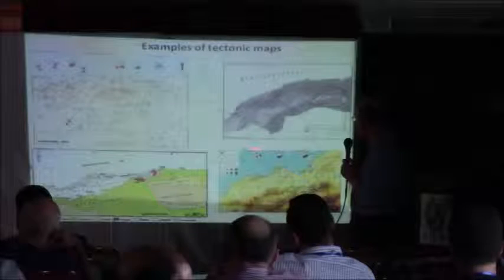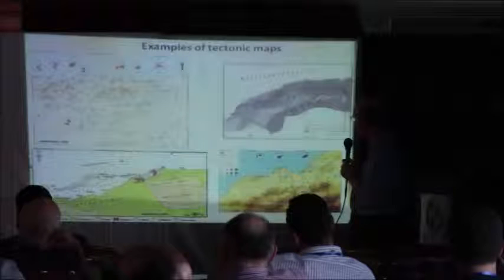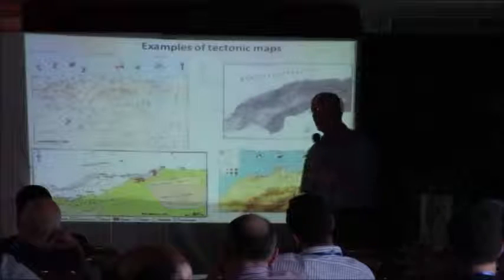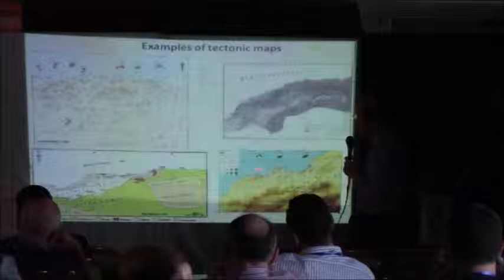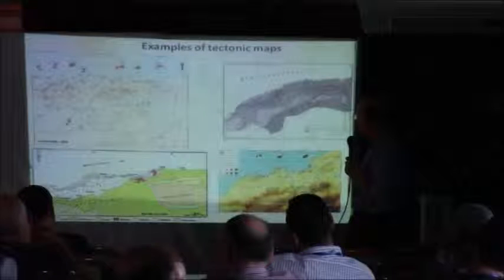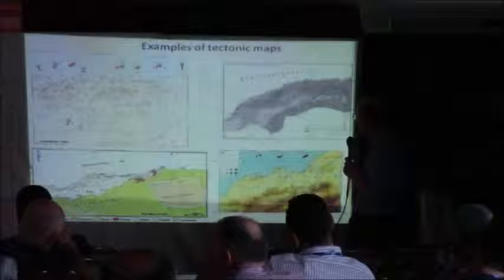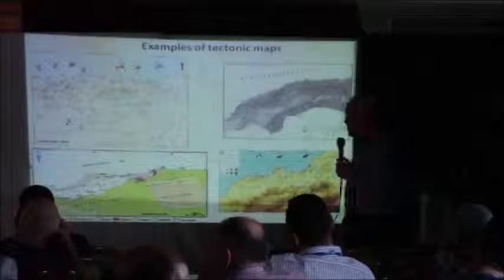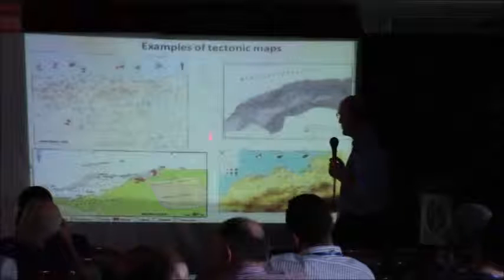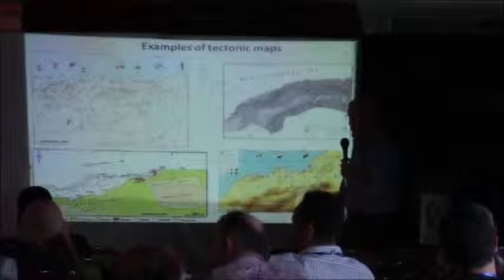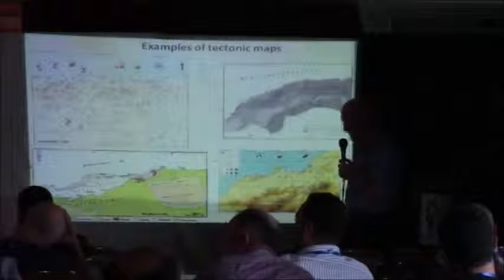And we have also another map in the western part of Algeria, regarding the event that occurred in 1994. This is just an example of seismotectonic maps that have been produced by various studies.